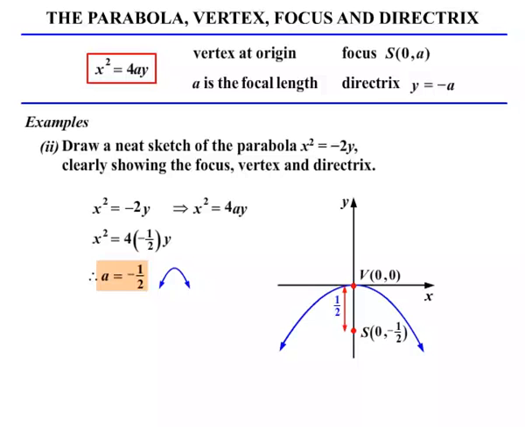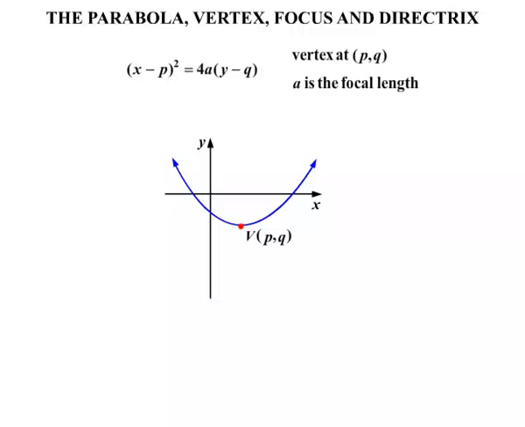The focus is always on the inside of the parabola. Just remember that, the focus is inside the parabola. And if we go up 1/2, that line there will be y equals 1/2. So that's the directrix there. Okay, and as before, let's just write down the equation on the graph as well. Terrific.